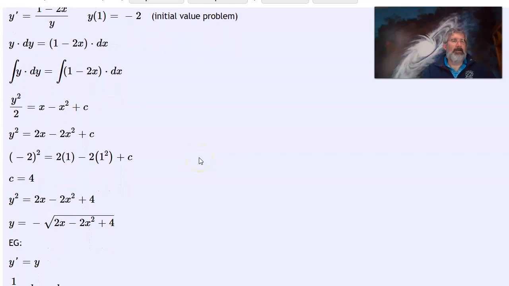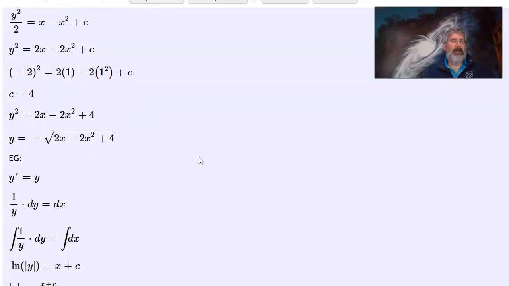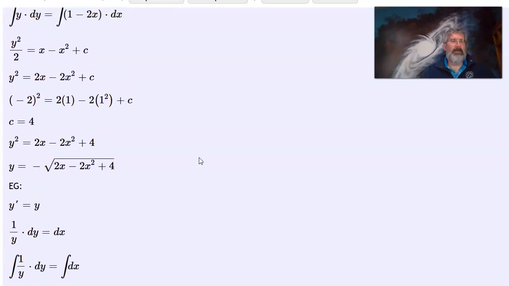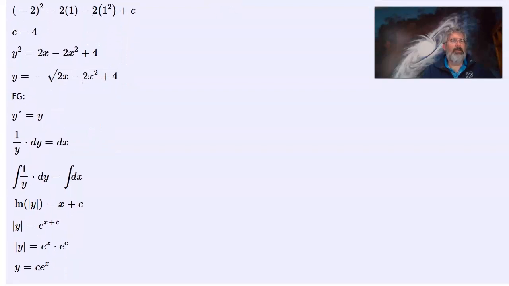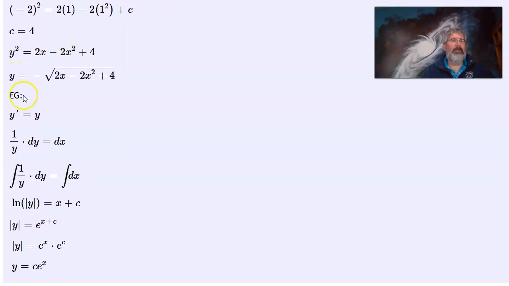Now, let's see. Do I have one more example? Actually, this example I think we already did in the other video, but I put it here just for reference. This is one of my favorites, just a basic standard differential equation that's not just a derivative, y prime equals some function of x.